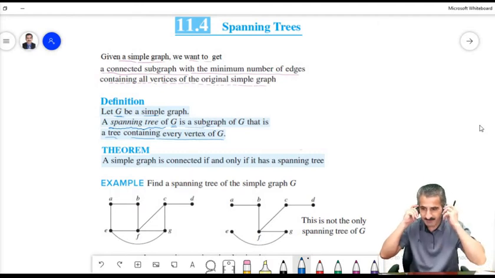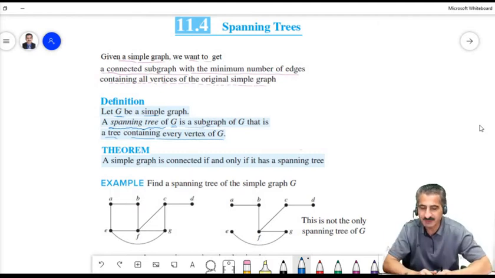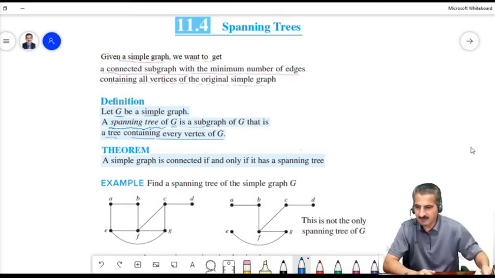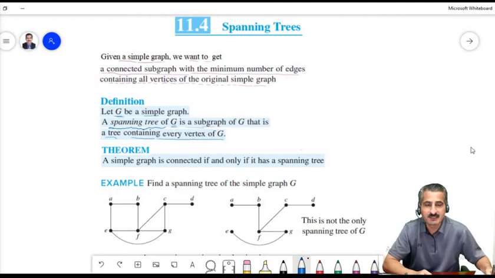So given a graph, we want to get out of it a tree that contains all the vertices of the graph G with the minimum number of edges. By a theorem, you might ask, can we find a spanning tree for every given graph G in general?